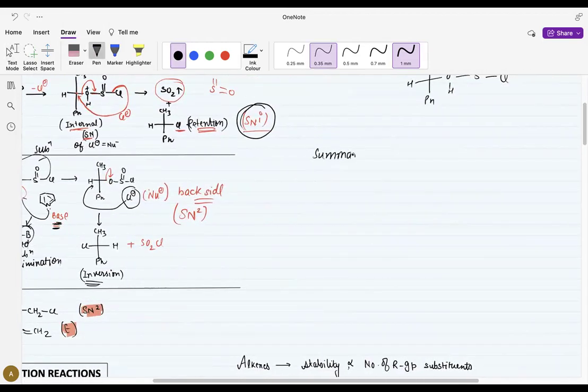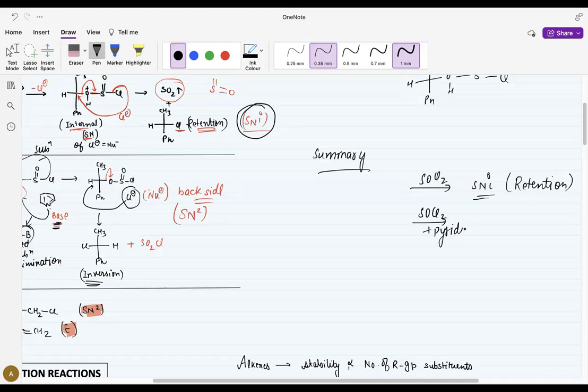Let's say we will write our summary that if simple SOCl2 is given, you should have SNi mechanism, और SNi mechanism में हमारे पास retention, we will get retention product. And if I have SOCl2 plus pyridine, we will get SN2 mechanism and we will get our inversion product. Done?